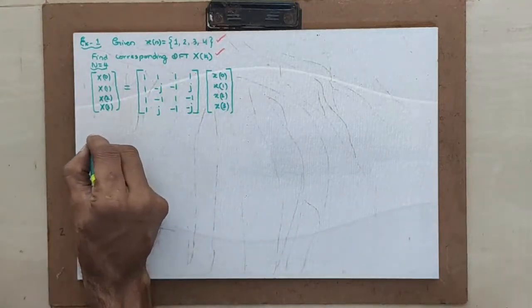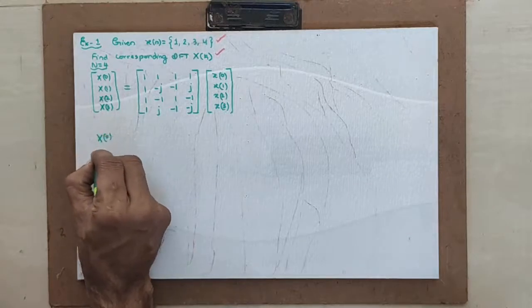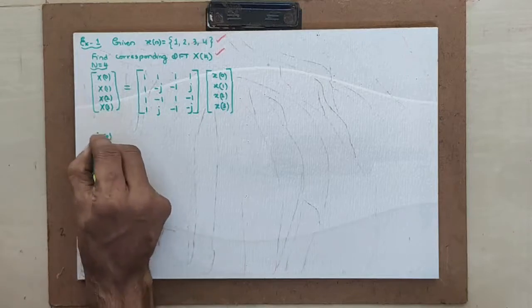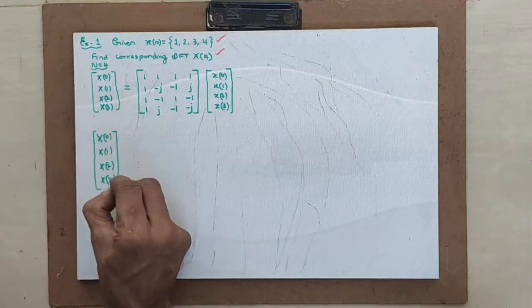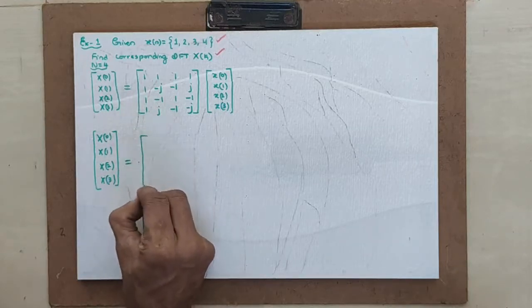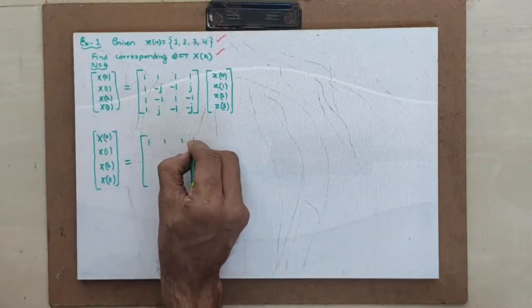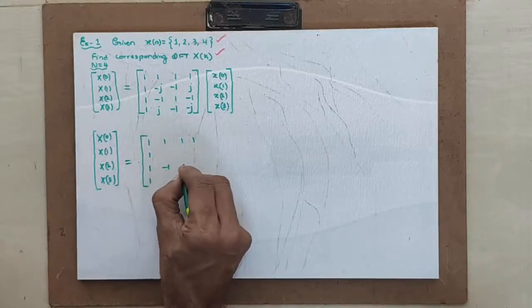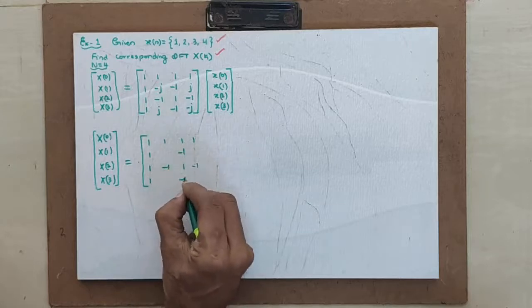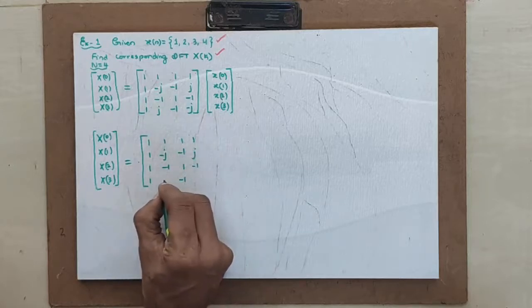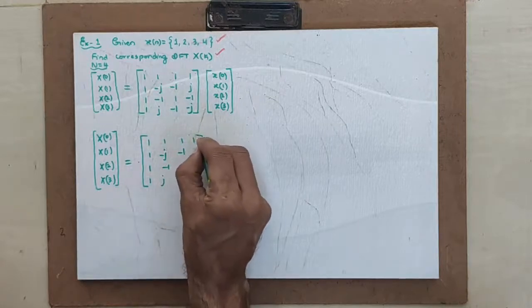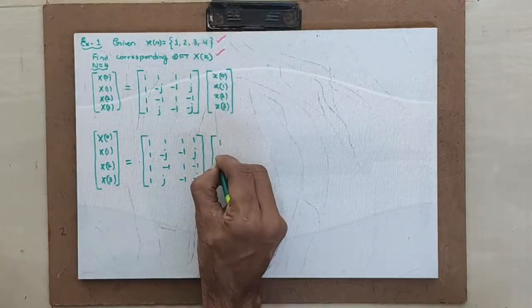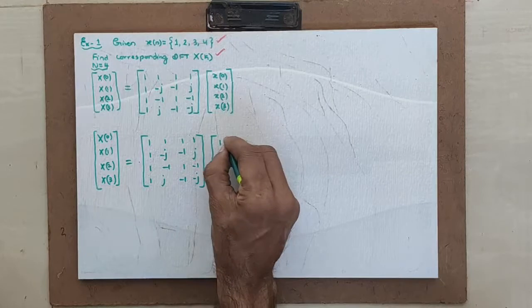Now I have to find this X0, X1, X2, X3 is equal to the matrix 1, 1, 1, 1, 1, minus j, minus 1, j, 1, minus 1, 1, minus 1, 1, j, minus 1, minus j, and then here the time domain signal which is given 1, 2, 3, 4.